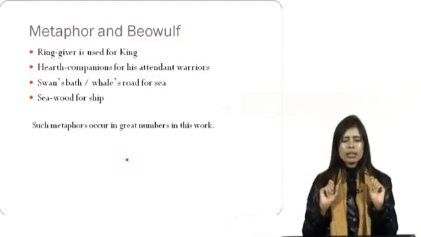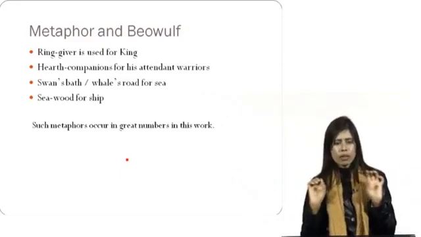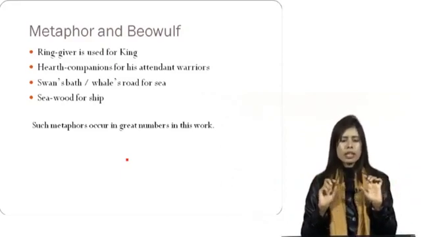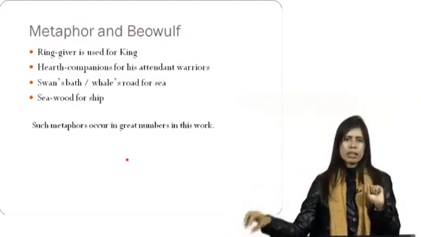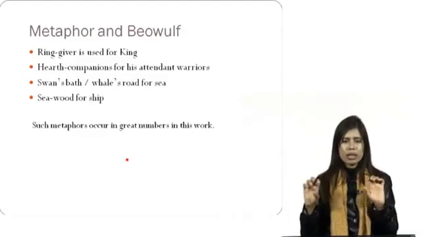The other one is the swan's bath or the whale's road for the sea. So here you can see for the sea, the whale's road or swan's bath is used. Okay. And sea wood for ship. So here you can see for ship, which is made of wood, sea wood is used.